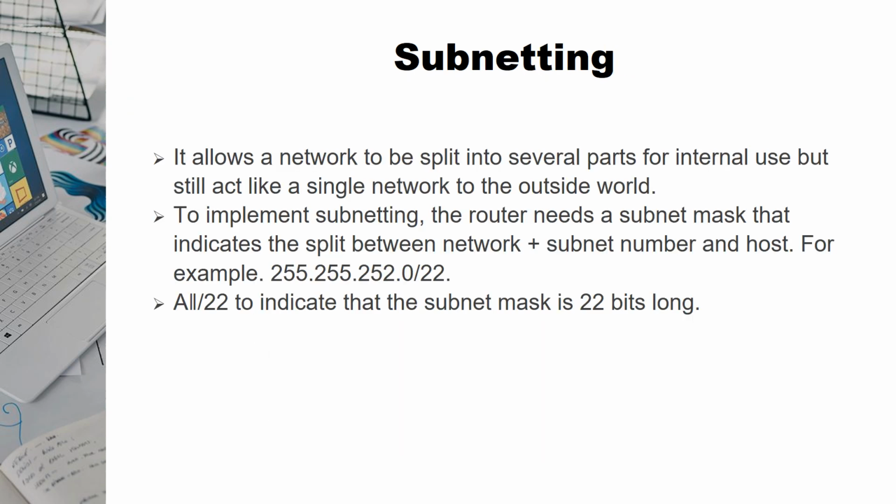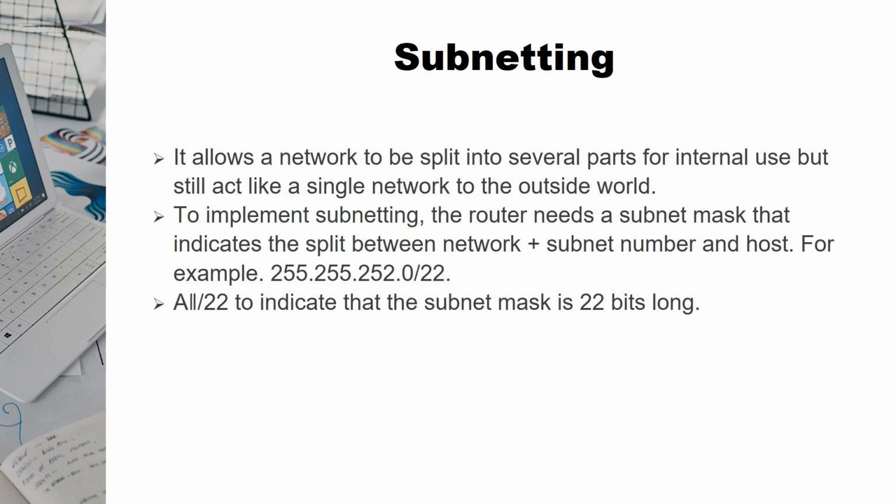Then when we're talking of subnetting, a subnet mask is a 32-bit number that determines the scope of a subnet. It is used to divide an IP address into a network address and a host address. Subnetting is the process of dividing a large network into smaller subnetworks.